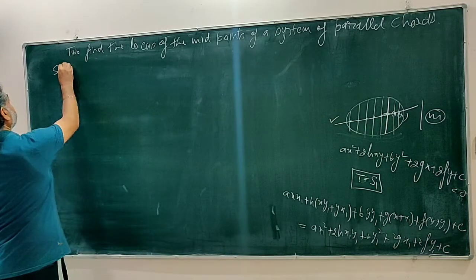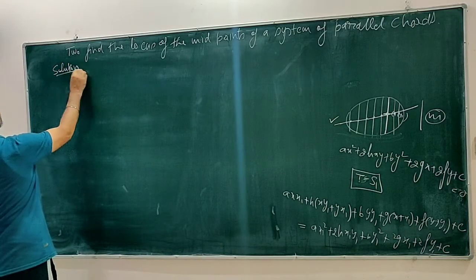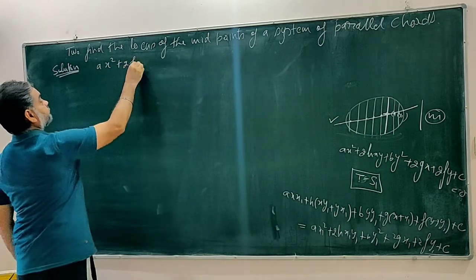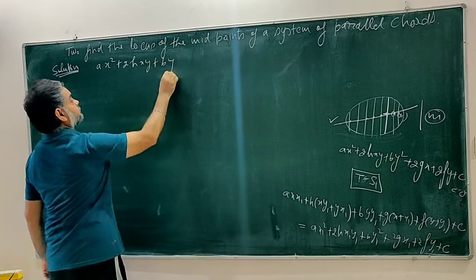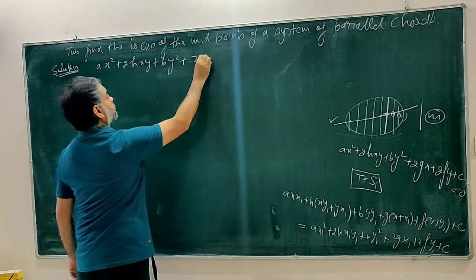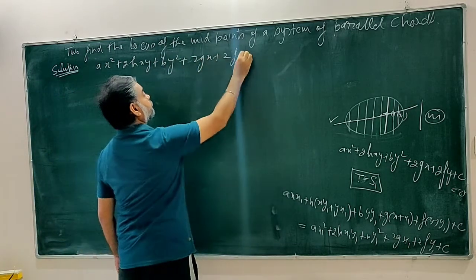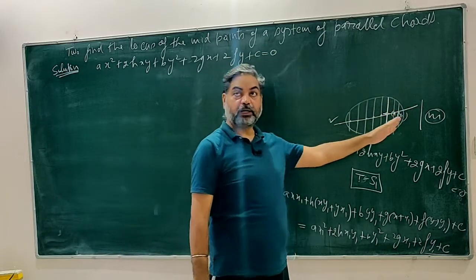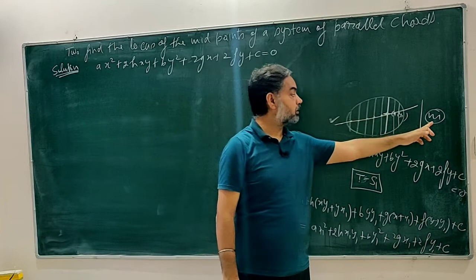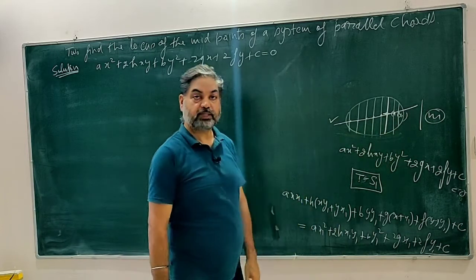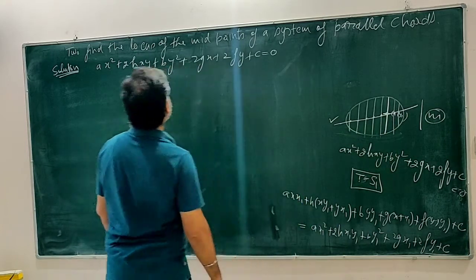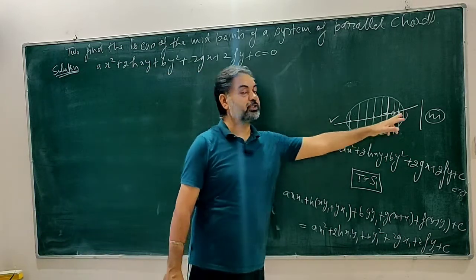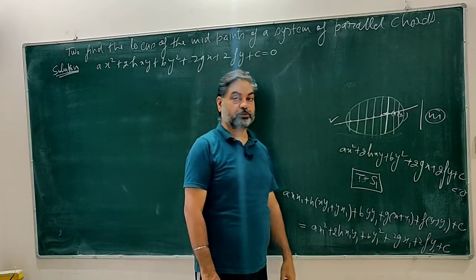So the solution is like this. Suppose the equation of the conic is ax square plus 2hxy plus by square plus 2gx plus 2fy plus c equal to 0, and suppose you have a system of parallel chords which are all parallel to a line whose slope is m. So we have to find the locus of the midpoints of all these parallel chords.